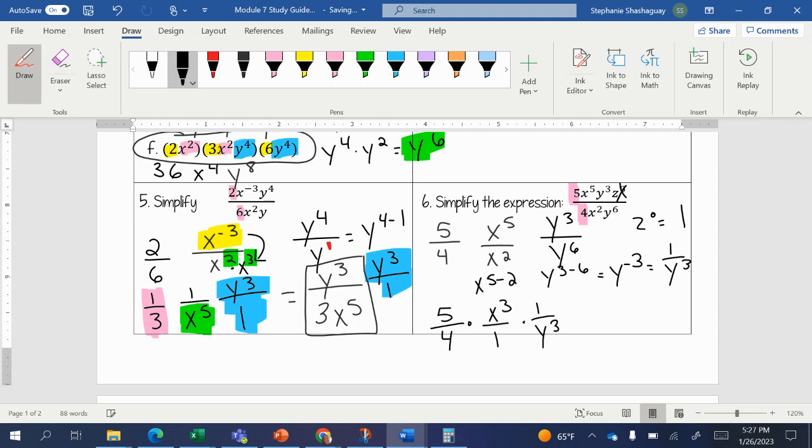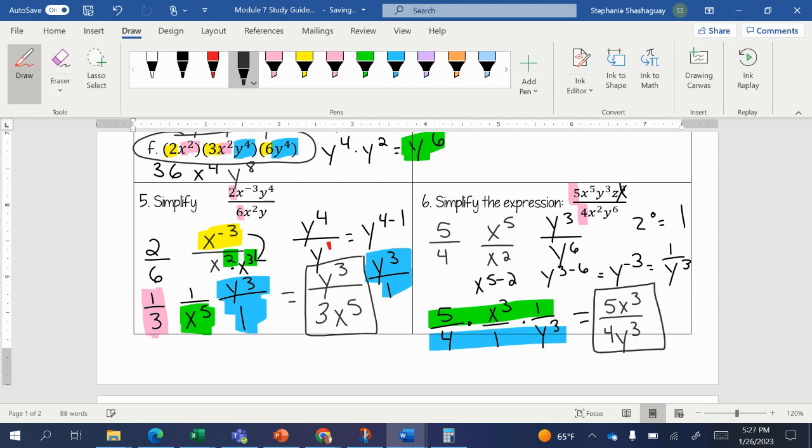It essentially cancels out or becomes 1. So if I'm looking across my numerators, I have 5x to the power of 3 over 4y to the power of 3. And there's nothing I can do further to simplify that.